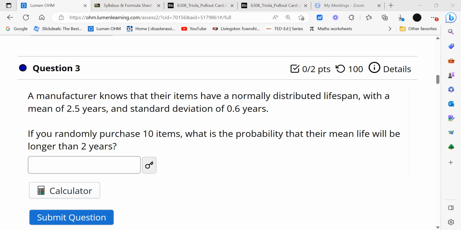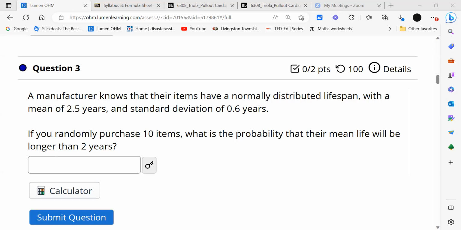That gives us the central limit theorem. So first of all, we know the mean. Mean is 2.5 years. And the standard deviation, 0.6 years. And then we have a sample size of 10 items. Sample size equal 10. We want to find out the probability that the average life will be longer than 2 years.